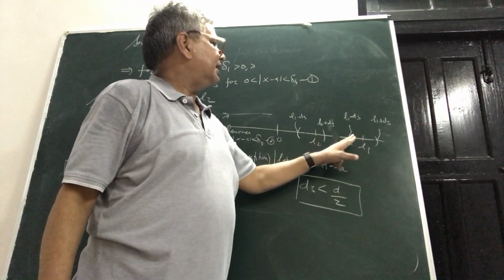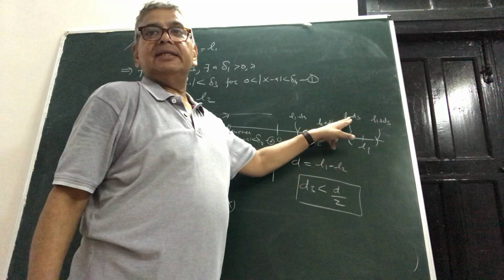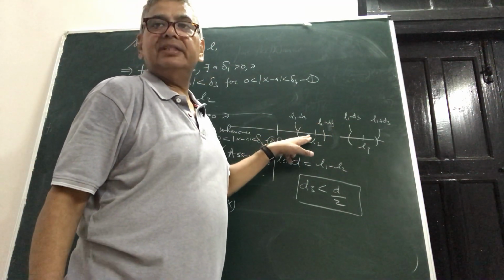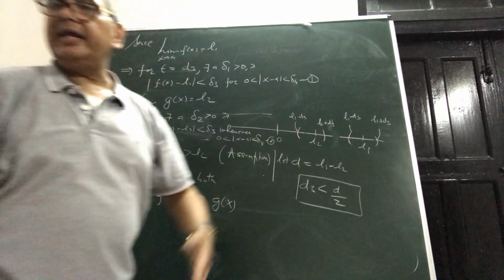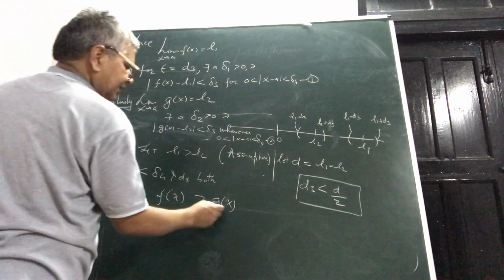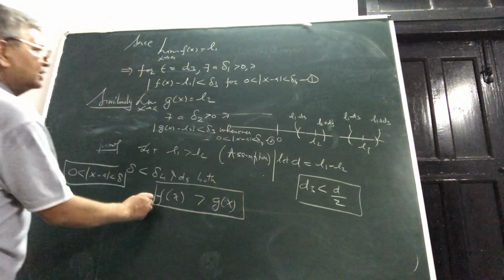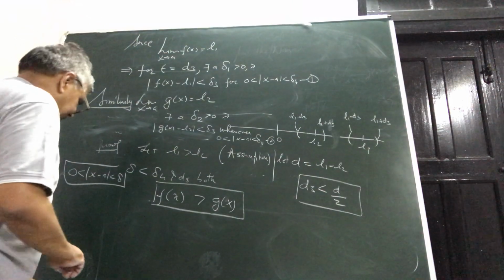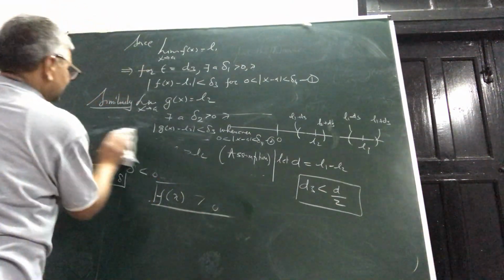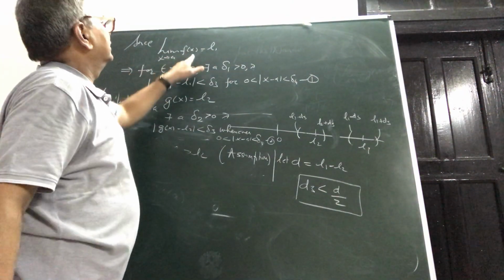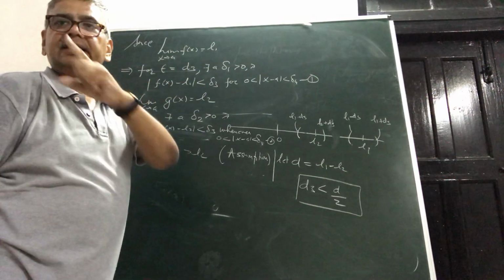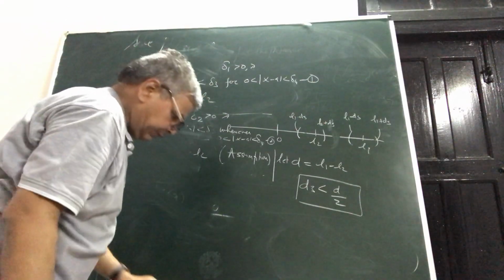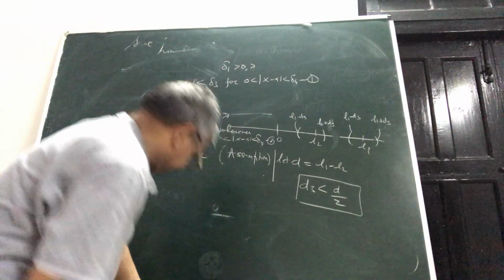And L1 minus d3 is greater than L2 plus d3. Since they are lying within these intervals, it is plain obvious that f(x) will be greater than g(x), which is a contradiction because you have assumed that f(x) is less than g(x) everywhere. As such, the limit of f(x) cannot be greater than the limit of g(x). So this is how we will give the proof of this theorem.